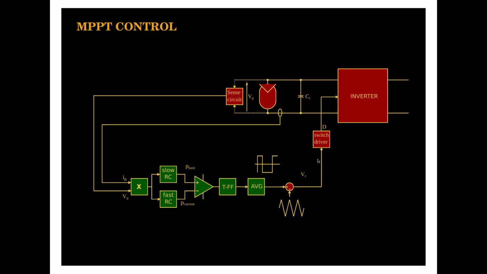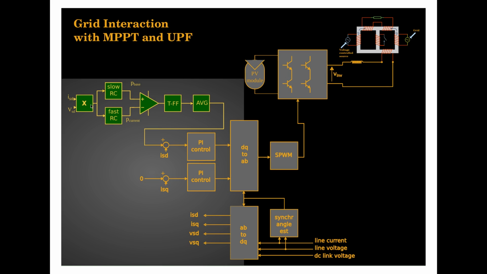But what we can do, what we have been doing, we cut this portion and give this directly to the current reference. So you see that ISD, VSD and this MPPT algorithm will come in here. This is ISD star or ID star. And from this you know how to go back from DQ to ABC domain, DQ to alpha beta to ABC.